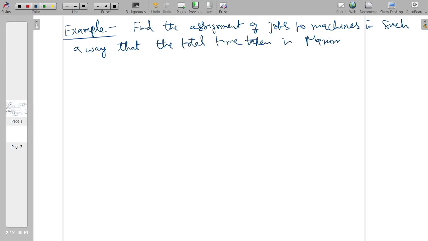Okay, so we will be solving a maximum assignment problem. If the problem is minimum, then you convert it into maximum and then do it.